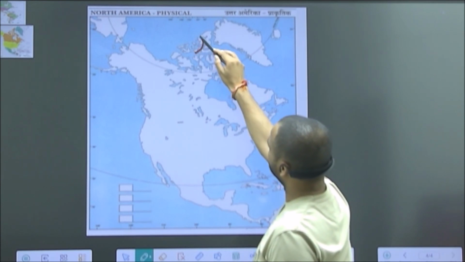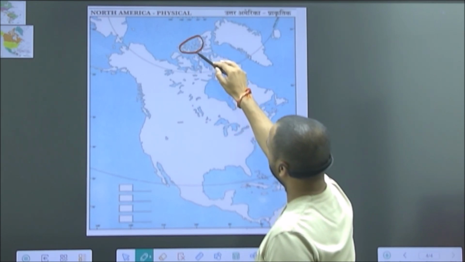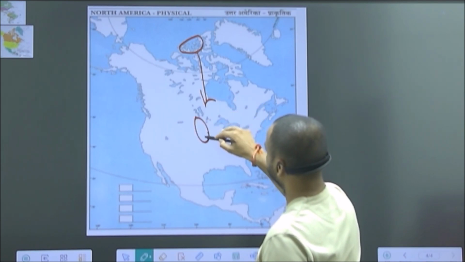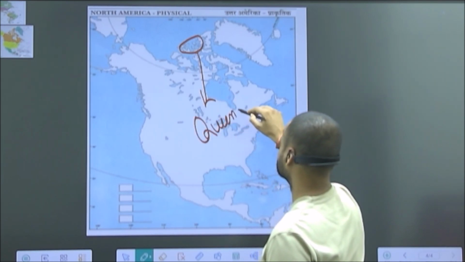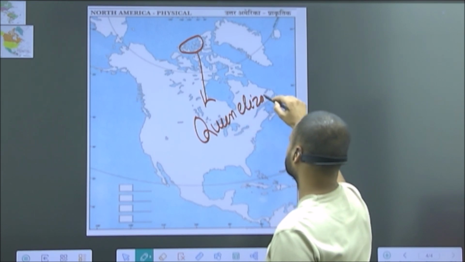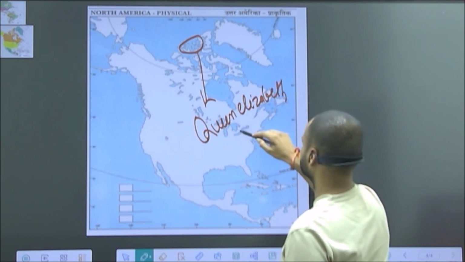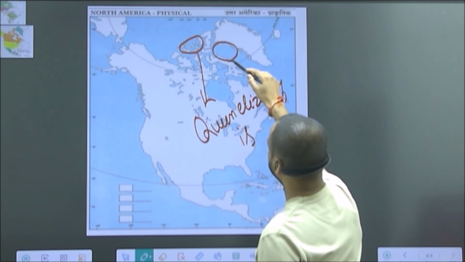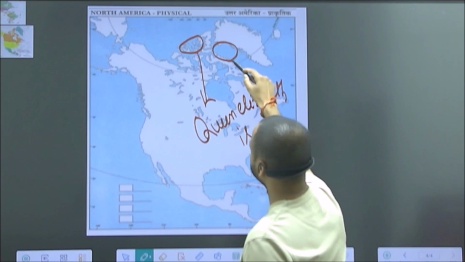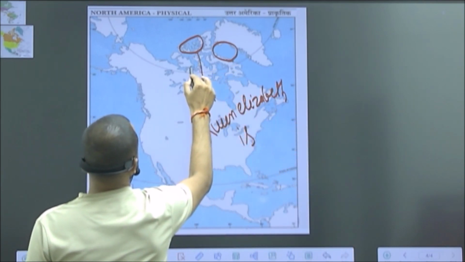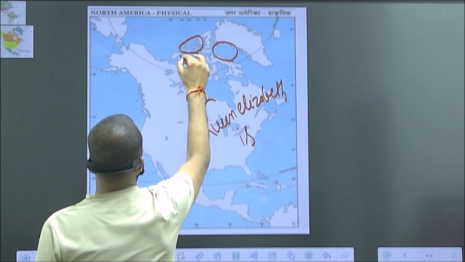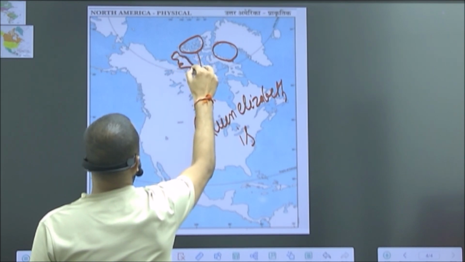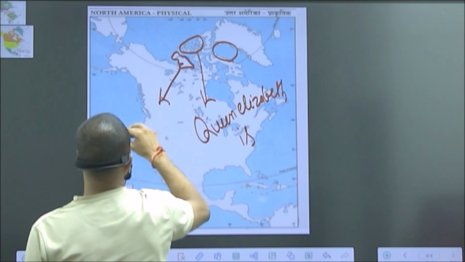This land area is called Queen Elizabeth Island. Also, I have discussed it is Baffin Bay. This island is called Victoria Island.